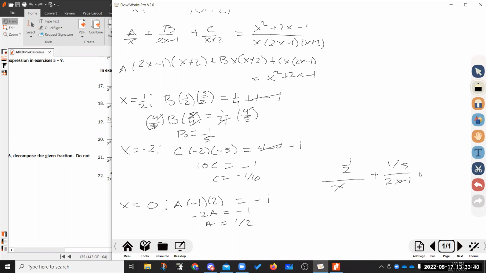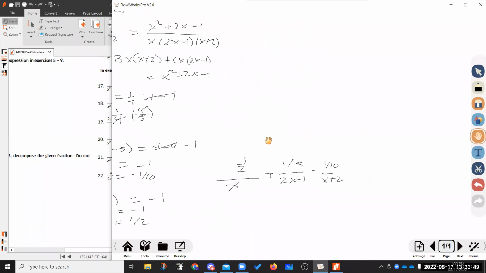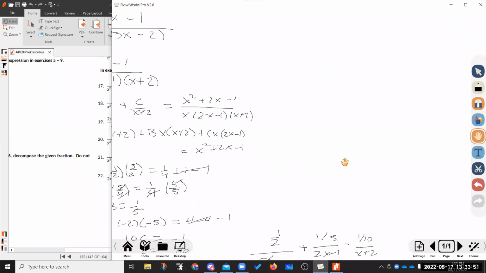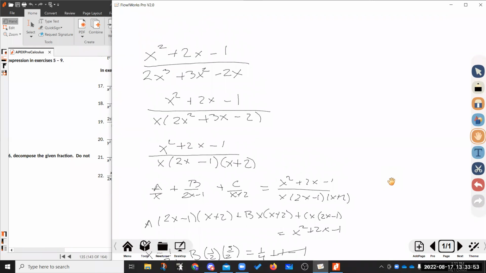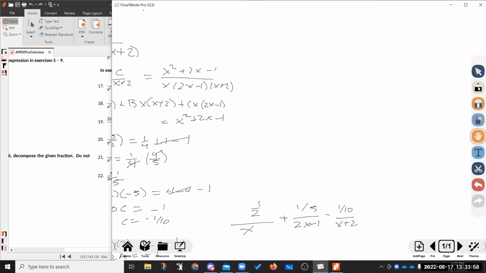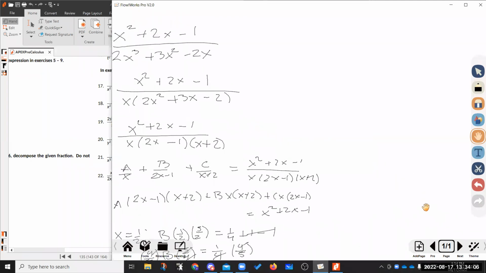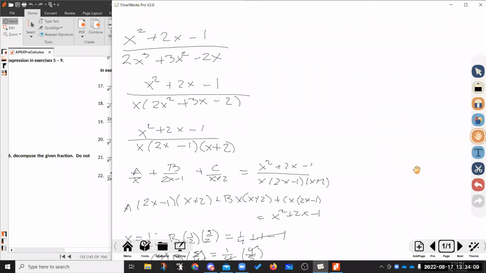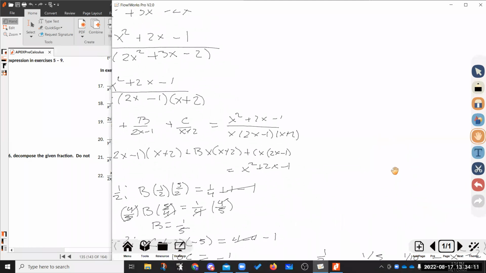Don't be scared of these fractional numerators. Minus 1/10 over x plus 2 is equal to x squared plus 2x minus 1 over the original denominator.